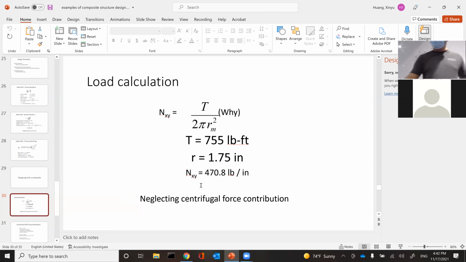The reason you want to unwrap this tube into a plate is that then you can use your CLT code to do the calculation. You can use the CLT code to solve this case, which is basically equivalent. Once you propose a layup and a material, you can apply this shear load to the code, and it will show all the stresses.